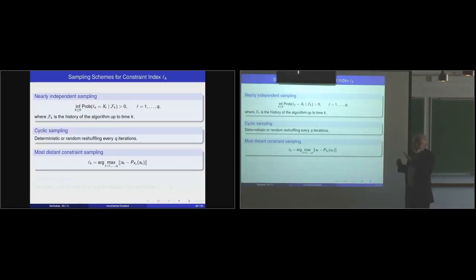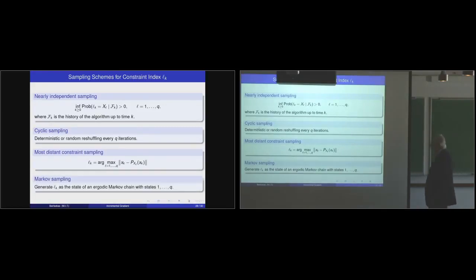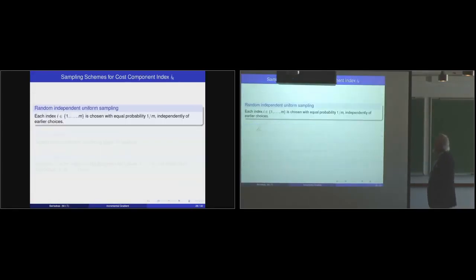That may involve some overhead, but it turns out that it has better performance, and it can be approximated in some heuristic way. There are also other schemes, like Markov sampling according to an ergodic Markov chain for how you pick the constraint index. All of these sampling schemes are possible, and they have their place in various contexts.